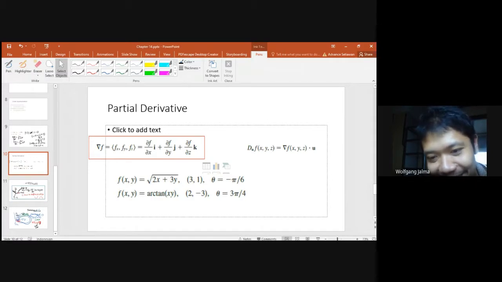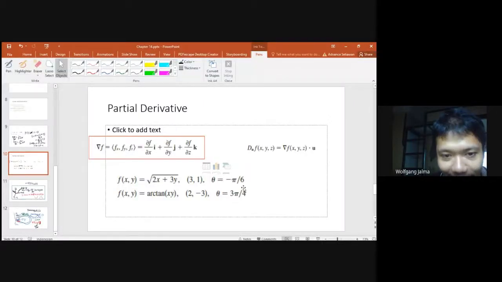So I think it's quite interesting. Just do this first one, square root of 2x plus 3y at this point in this direction.